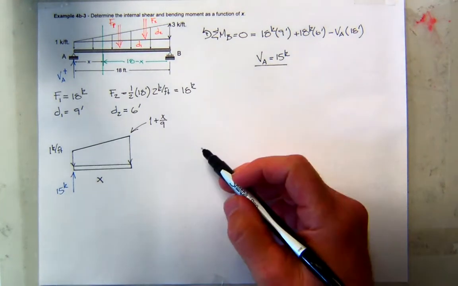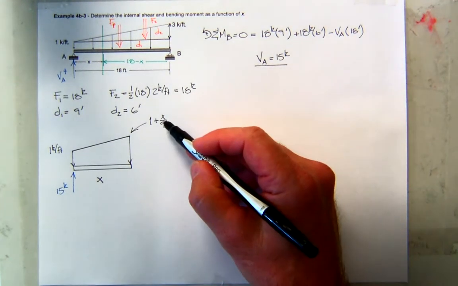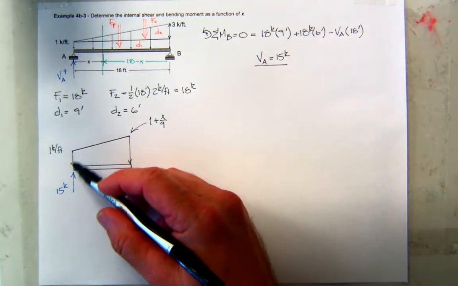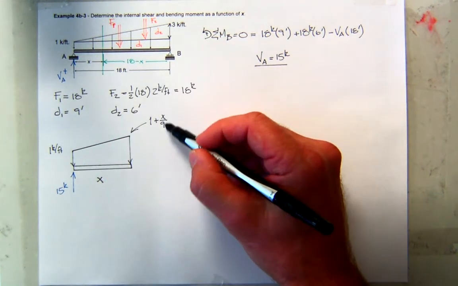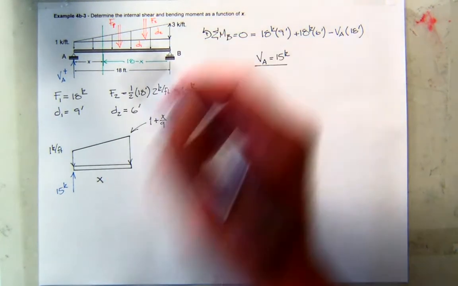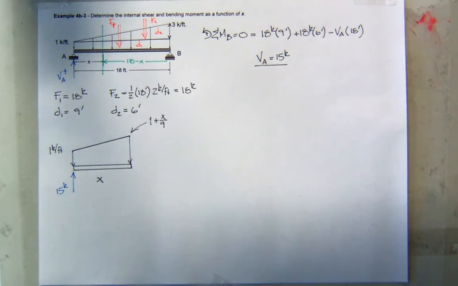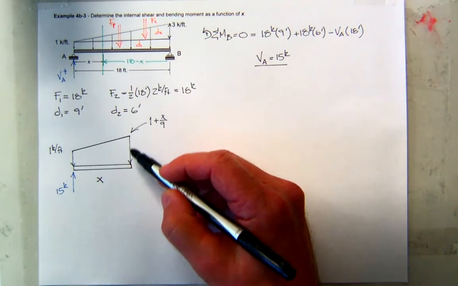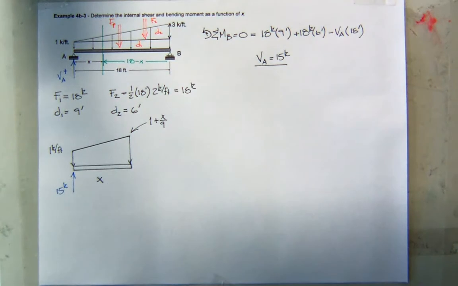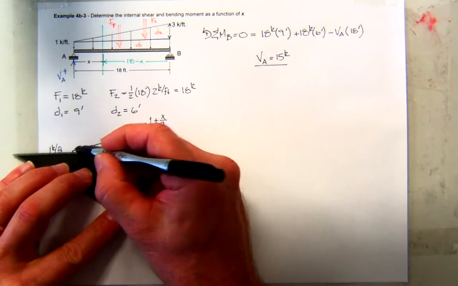And does that work? When x is equal to 0, I get what? 1. Well, that's what it is. When x is equal to 18, I get 2 plus 1 is 3. It matches. So this will tell me the value of the intensity of this load as a function of x. And we're going to break that up into what?